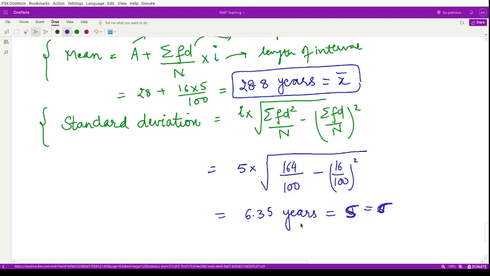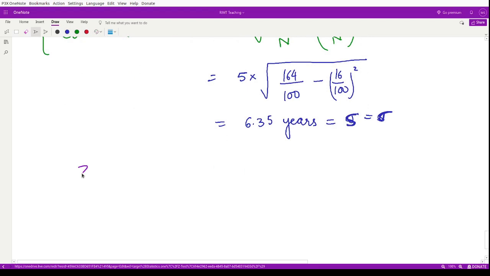So now we have all the values, so we may calculate the Z statistic. Z calculated would be X bar minus mu divided by S divided by square root n.